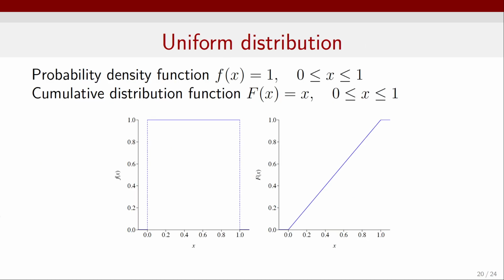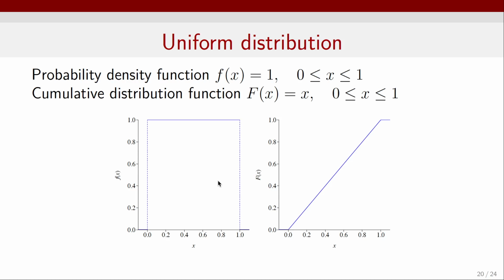And let's look at the most basic example of a PDF. That's a uniform distribution. Again, now we've gone back to continuous random numbers. So a probability density function f of x for a uniform distribution is equal to 1 for all values of x between 0 and 1.